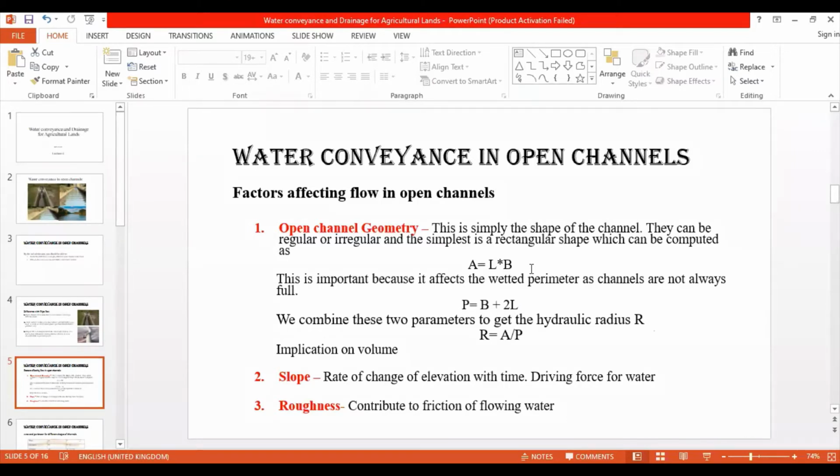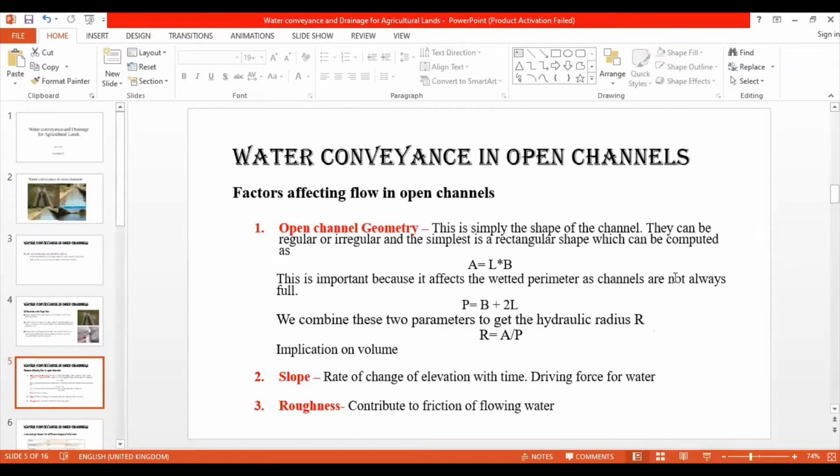So instead of just using the area as we did for pipes, we're going to introduce another parameter, which is the perimeter, the part of the boundary wetted by the water. You can have a bigger area, but the amount of water passing through that channel is less. So when doing your computation, you won't use the actual area because it's not full.